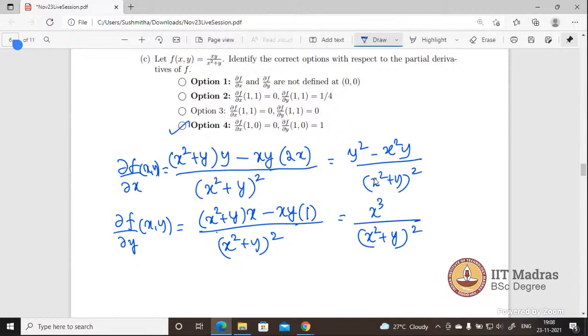What is dou f by dou y at 1, 1? 1, 1 is going to be 1 by 1 plus 1, 2 squared, 1 by 4, right? Yes, ma'am. 1/4. So this is not right, this is right. But at 0, 0, I cannot use this substitution because I'll get 0 by 0 form.